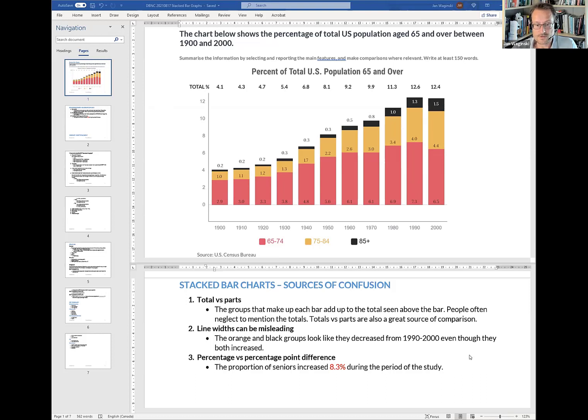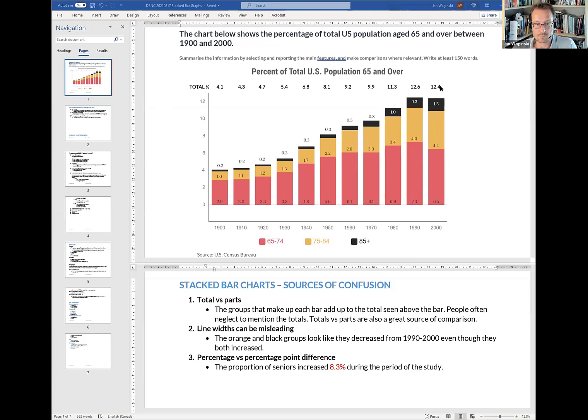And the final source of confusion that I see, not just in this one, but in a lot of different graphs like this, is percentage versus percentage point difference. Someone might say something like, the proportion of seniors increased 8.3% during the period of the study. So it went from 4.1% over to 12.4%.